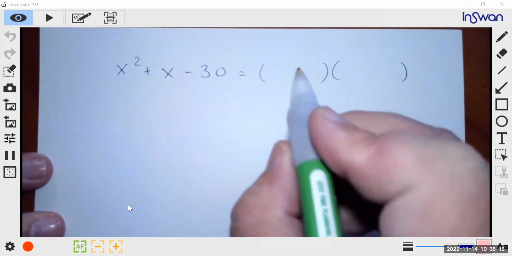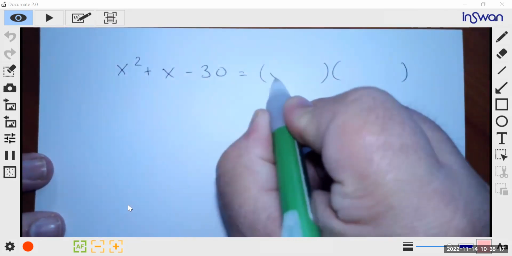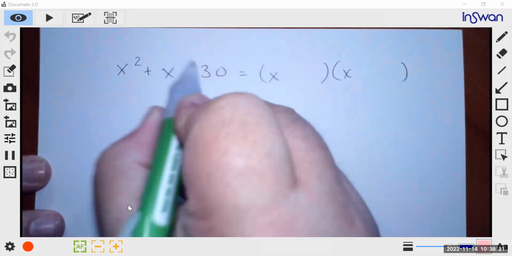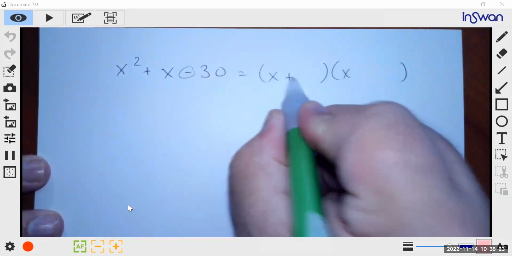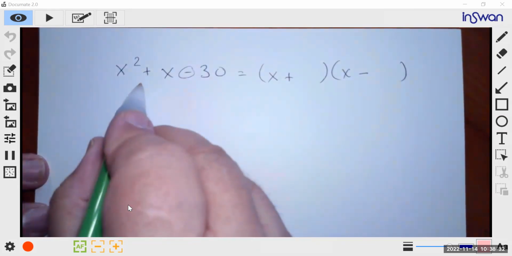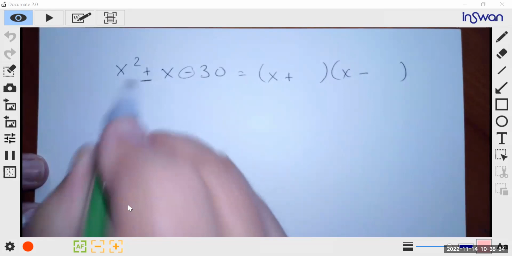Again, same questions. What goes in the first space? x and x. How about the signs? They're different because it's negative. One's positive, one's negative. It doesn't matter where you put them. All we know is, what sign will the bigger number have? The bigger number of the answer is going to have a plus.